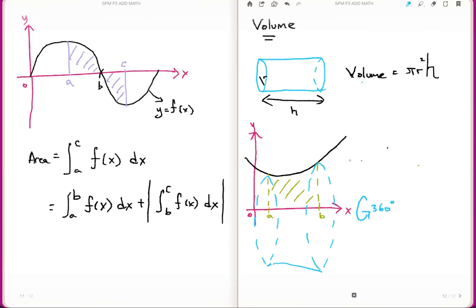To do that, first of all, I want you to go back to my earlier video, earlier part of my video, where we defined the meaning of integration as in area.